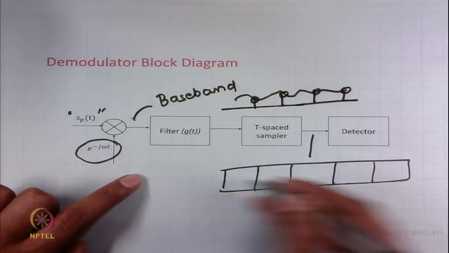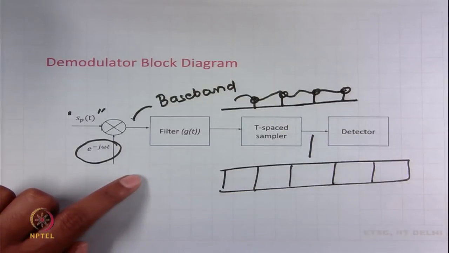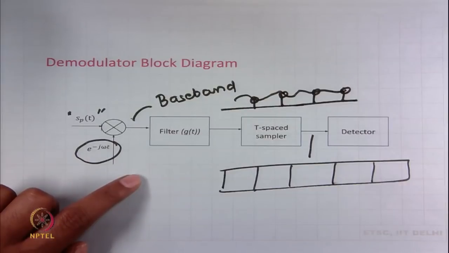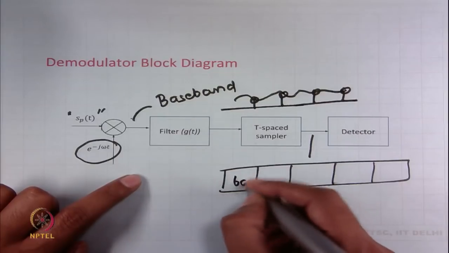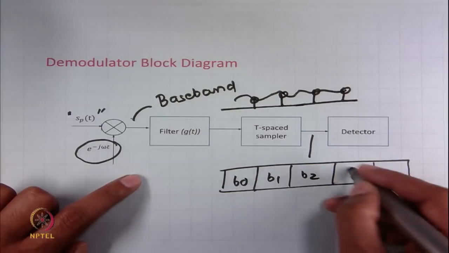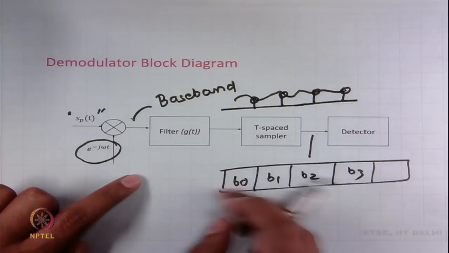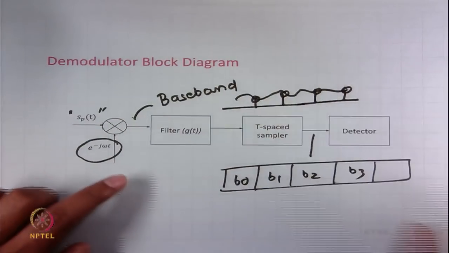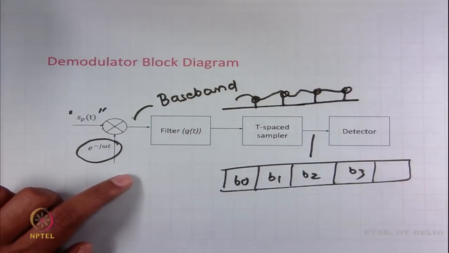So, you have a collection of some numbers, and looking at these numbers the detector has to decide about the transmitted binary sequence. Let us say I have some numbers b0, b1, b2, b3 and so on and so forth. Looking at these numbers, the detector's job is to decide the binary sequence. We will study the detector in the last unit.